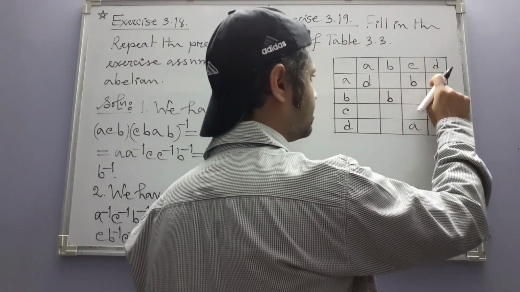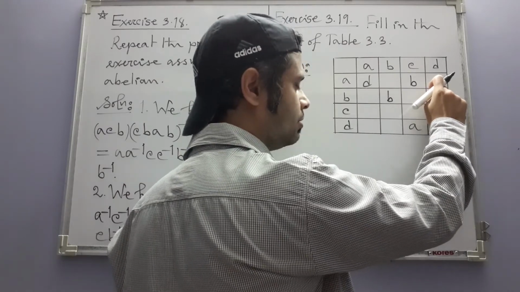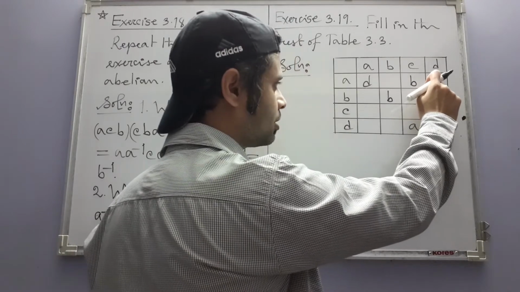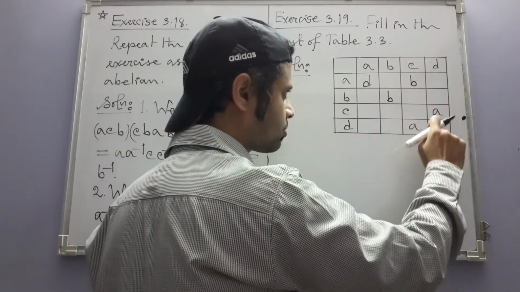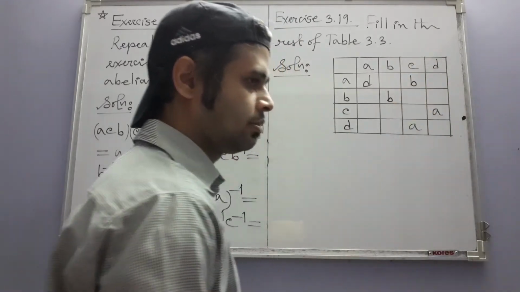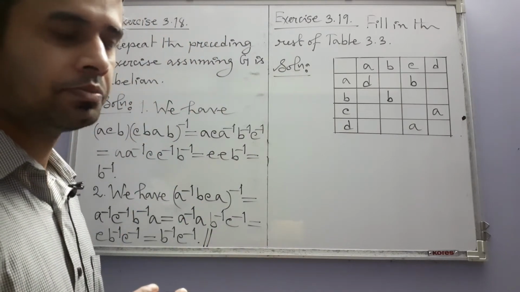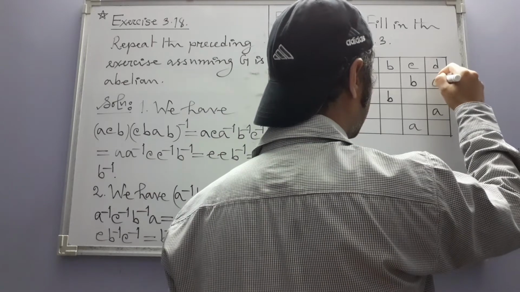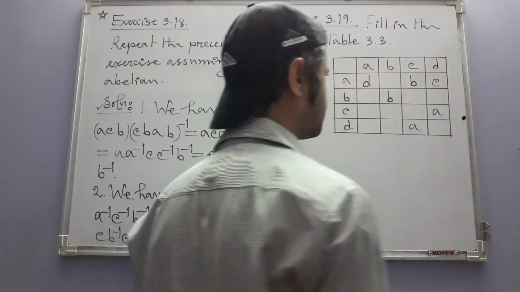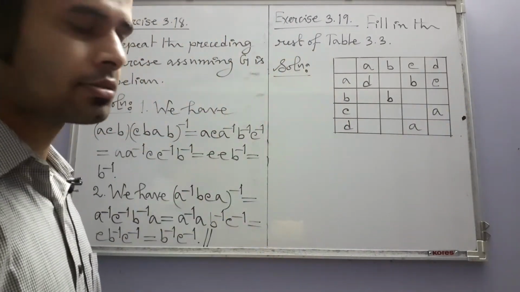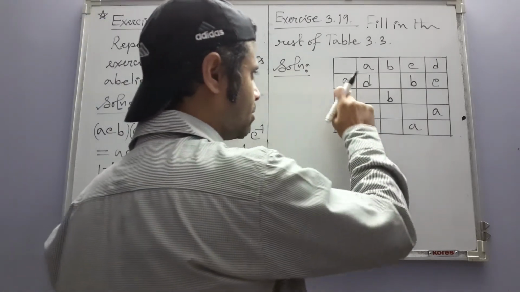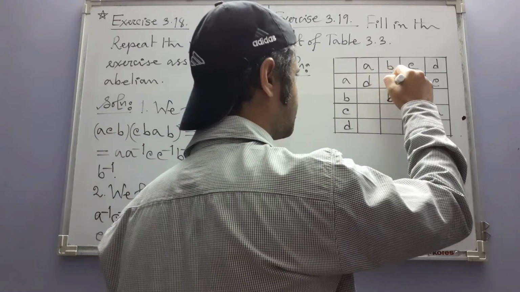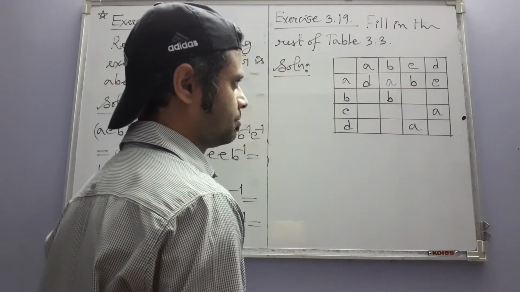This cell will either have A or C. However, it cannot actually have A, because then this 4th column would have 2 A's. That is not permitted. So it must have C. There is no other choice. Now because the first row must have A, this one must be A.